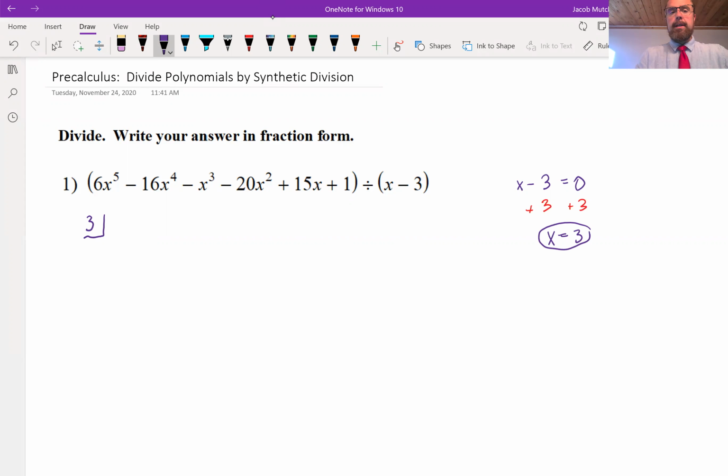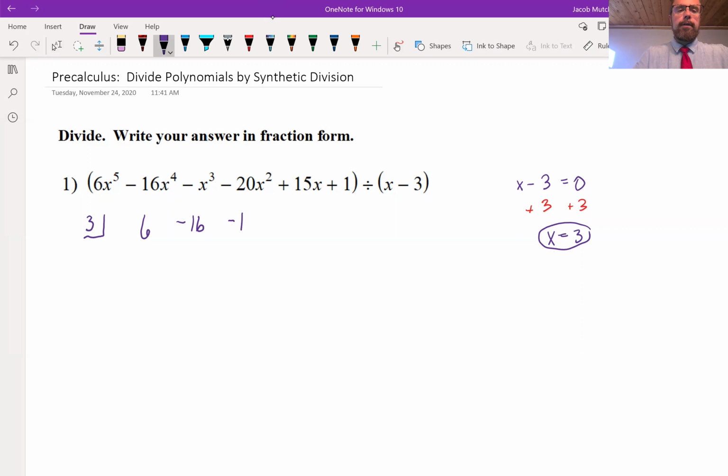Now for my dividend, I want to take only the coefficients and leave behind the variables with the powers. And I'm going to write those coefficients in a row to the right here. So I'm going to start with 6x to the fifth. I'm going to represent that as simply 6. Notice I'm leaving x to the fifth behind. Same with x to the fourth, I'm just going to record negative 16.